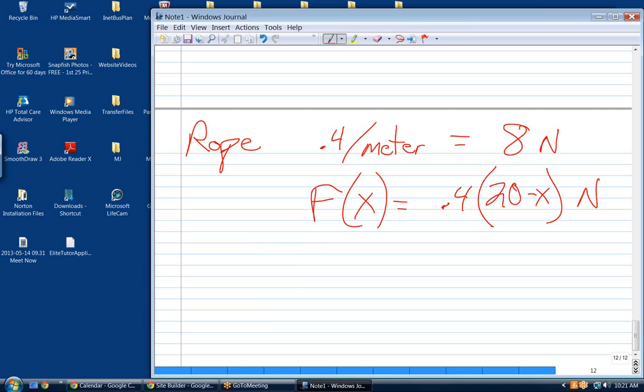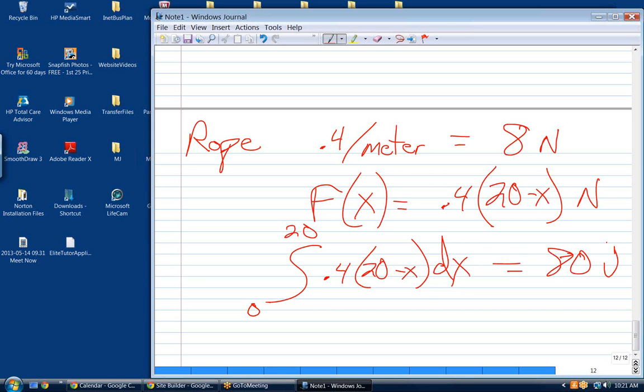So the rope alone is going to be the integral from 0 to 20 of this function, 0.4 times (20 minus x) dx. And if we do that math, we get 80 joules.